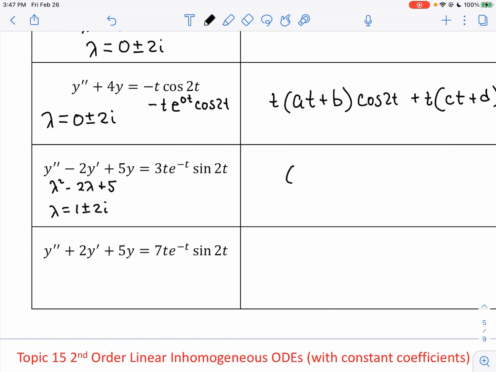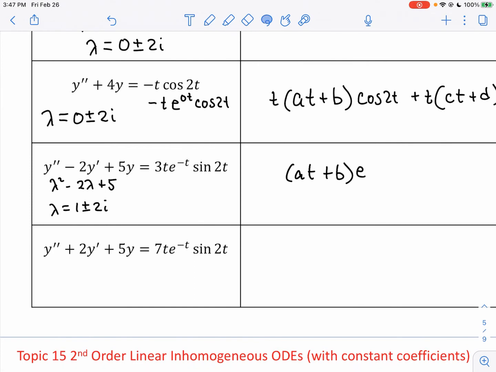So I'm going to begin with an arbitrary first degree polynomial, at plus b, times e to the at, where a is what's in front of t, matching this expression here, so negative t. Be careful that the a you're using here is the a from the forcing function, not what you would call the a from the root of the characteristic polynomial.